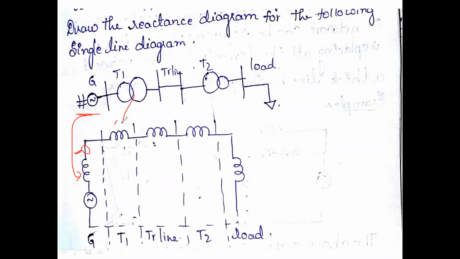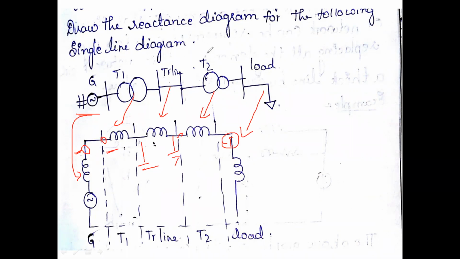Similarly, for a transformer the resistance is eliminated, for the transmission line the shunt capacitances are eliminated, and for an inductive load the series resistance is eliminated. Resistance and capacitance are eliminated, and we replace each element with its equivalent circuit to get the reactance diagram.